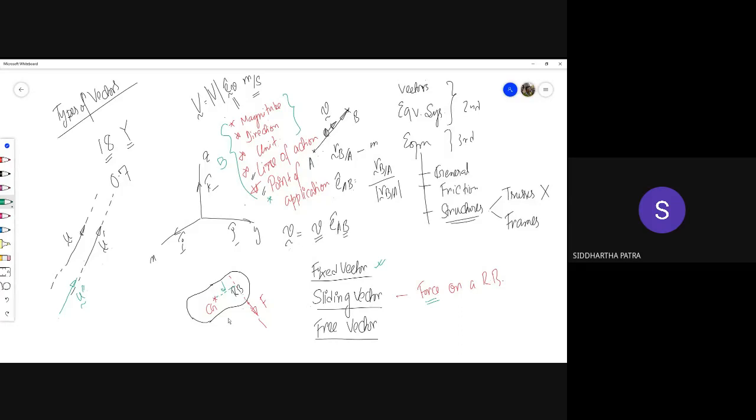The inertia, both linear and angular, and also the applied force and the applied moment. So for a rigid body, it doesn't matter at which point on its line of action the force is actually acting, and that's why the force on a rigid body becomes a sliding vector.